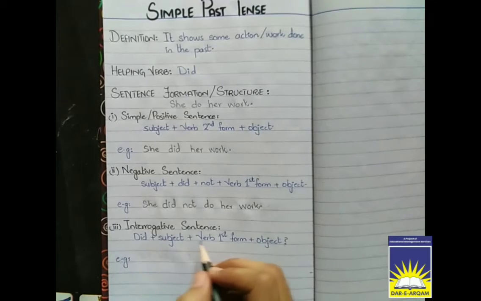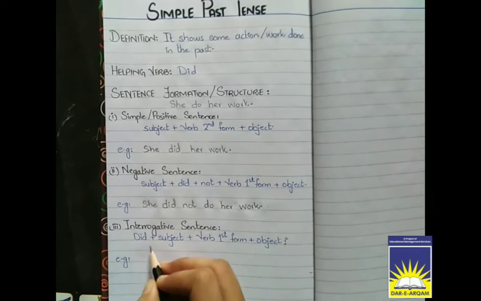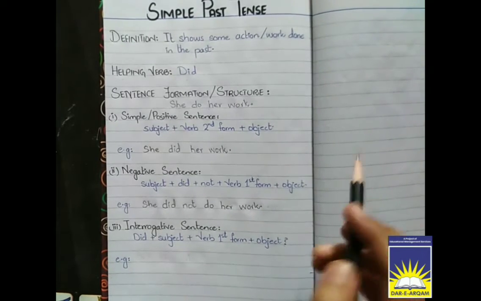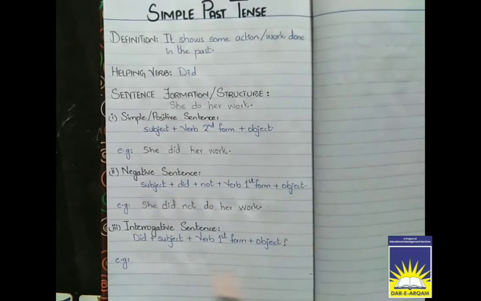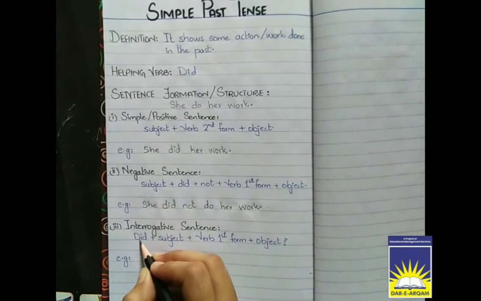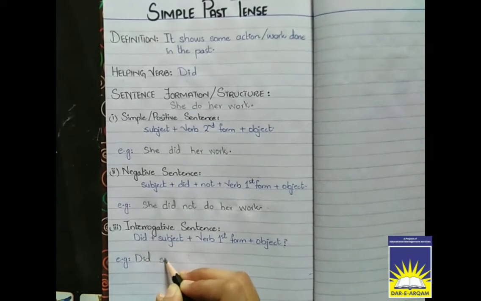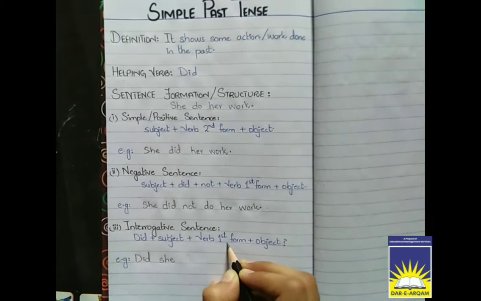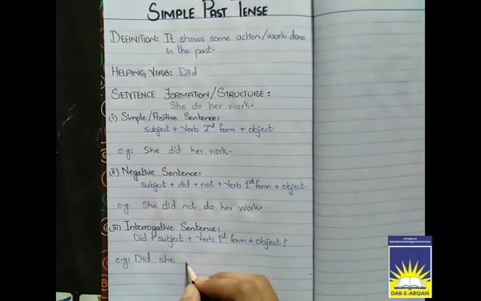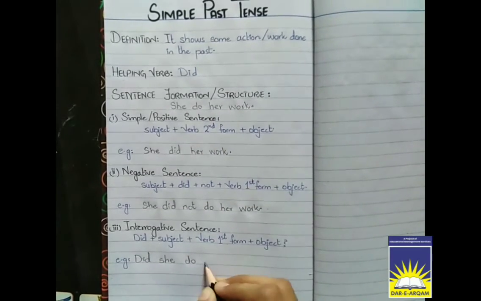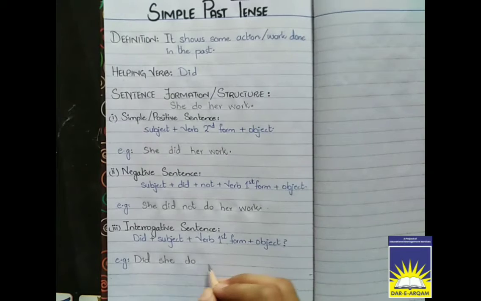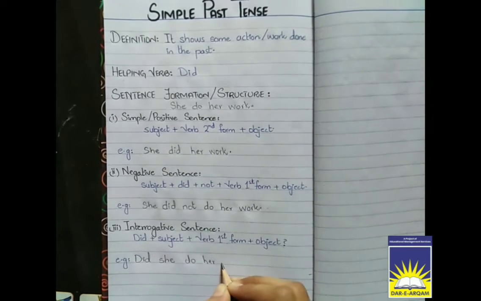Now interrogative sentence, I have to follow this structure and I am looking at this sentence. So first I will write did according to the sentence structure, then subject, then verb first form which is do, and the sentence her work.